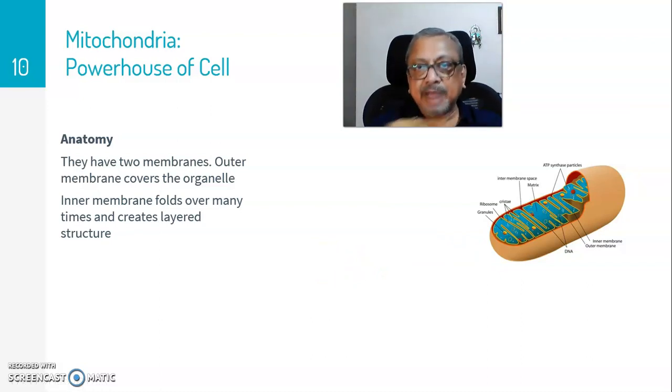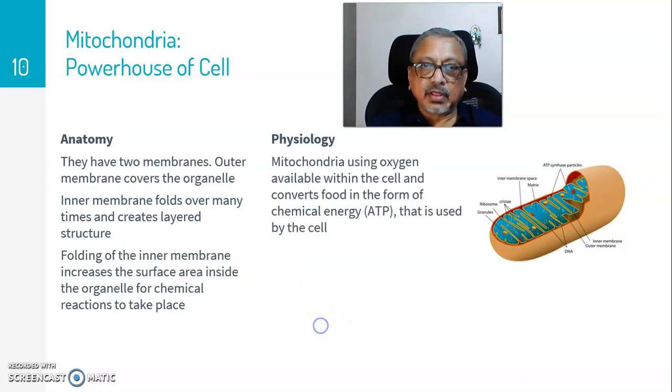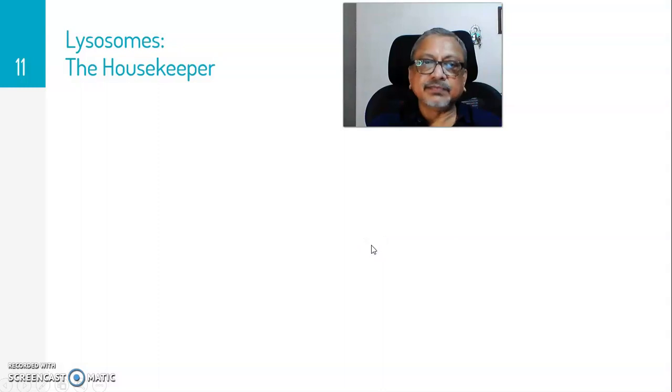So, there is enough space, or increased surface area, where the chemical reaction can take place and ATP can be formed. Mitochondria use the oxygen present in the cell and convert the food into ATP with the help of this chemical reaction.